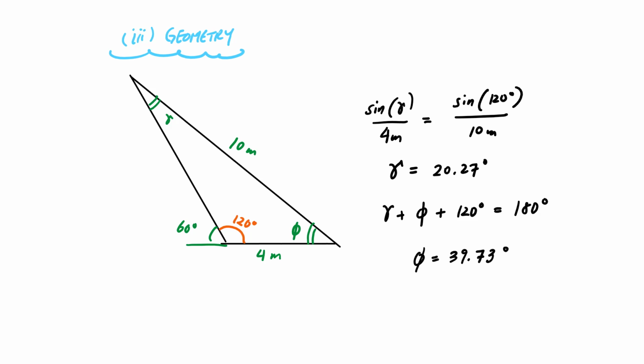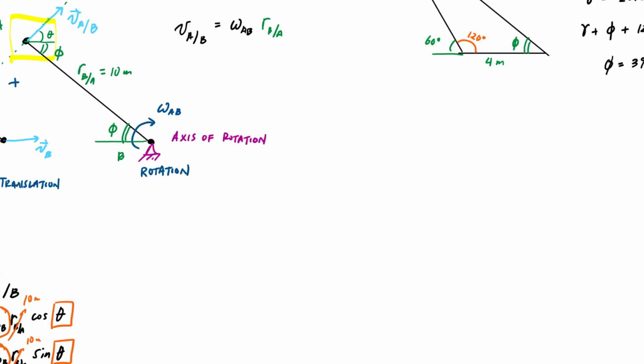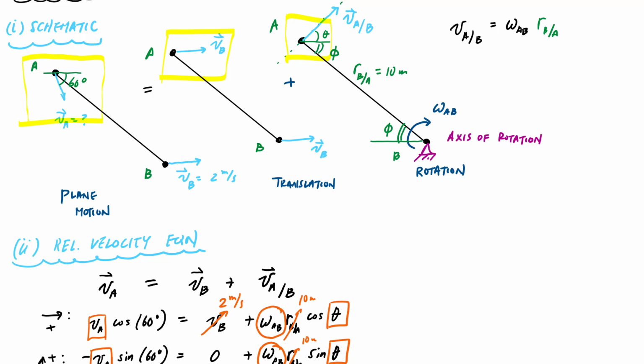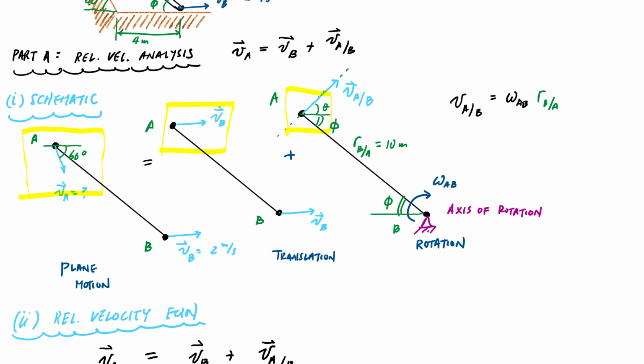Now when we return here, I know that phi is 39.73 degrees. That makes theta 90 minus 39.73 degrees, which is 50.27 degrees.